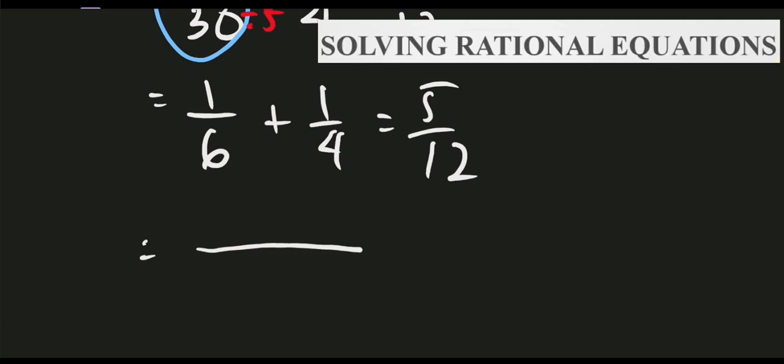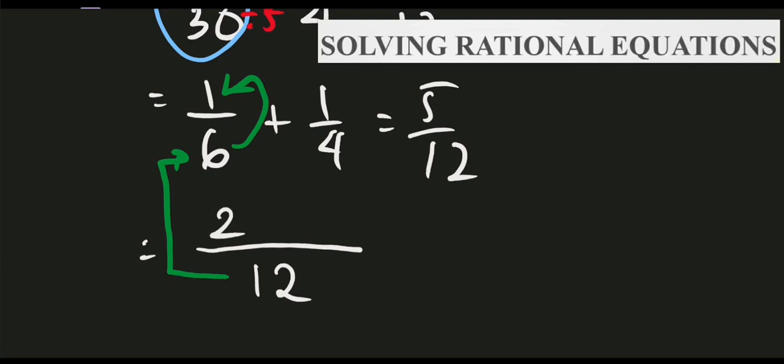I think for this given problem, our LCD is 12, since 6 and 4 are factors of 12, right? So just divide this 12, our LCD, by our first denominator. So 12 divided by 6, the answer is 2. And multiply the answer to its corresponding numerator. 2 times 1 is 2.